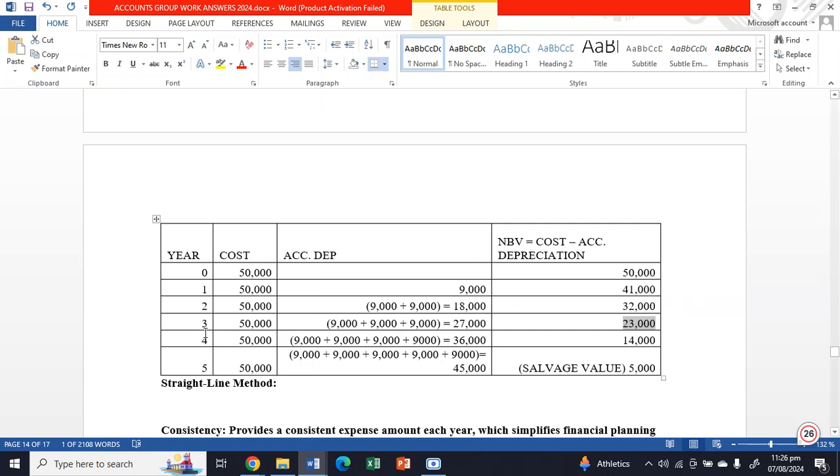We enter year four. At the end of year four, accumulated depreciation is 36,000. 50,000 minus 36,000, we get 14,000.